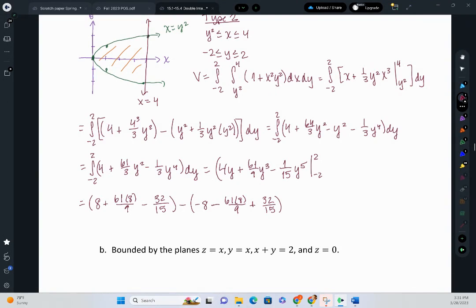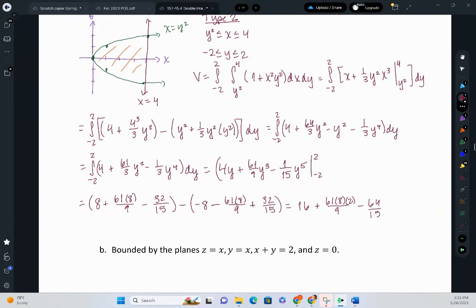Okay, distribute and combine like terms. We have 8 plus 8, that will be 16. We have 2 of those 61 times 8 over 9s, so that will be plus 61 times 8 times 2, because there's 2 of them, over 9. And we have 2 of those negative 32 over 15, so it'll be minus 64 over 15. I can pull out my calculator to figure out what this is.